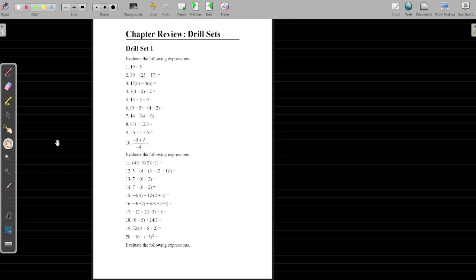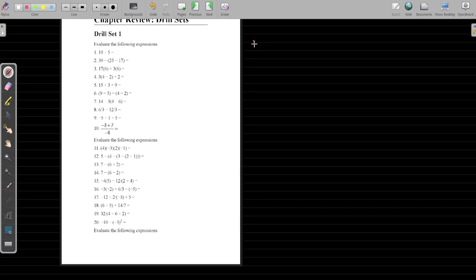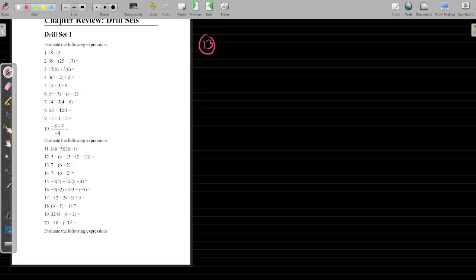Now I am going to solve number 13. So 13 number will be here 7 minus 6 plus 2, 7 minus 8 means minus 1. Okay, now I am going to solve number 14. So 14 number is 7 minus 6 minus 2.